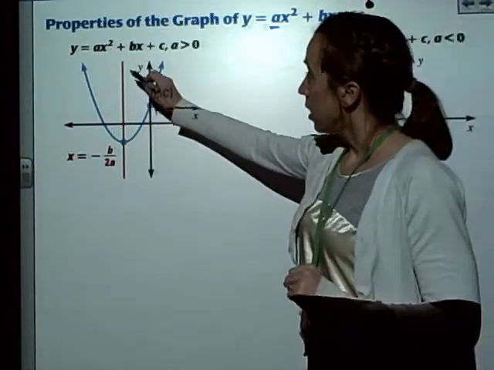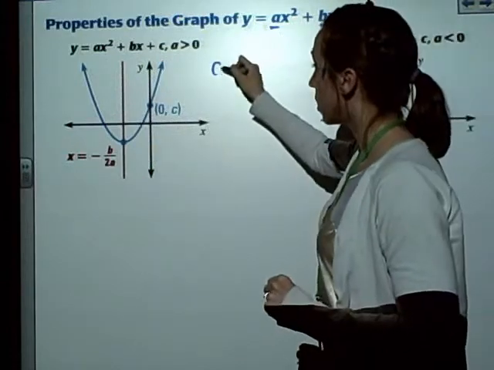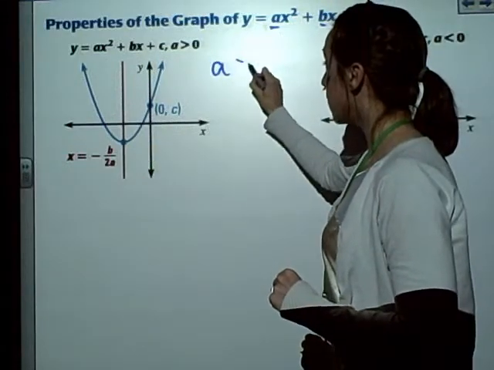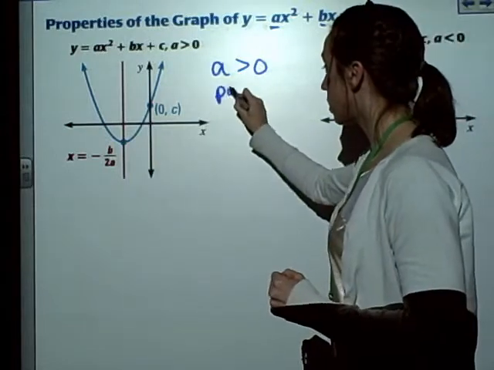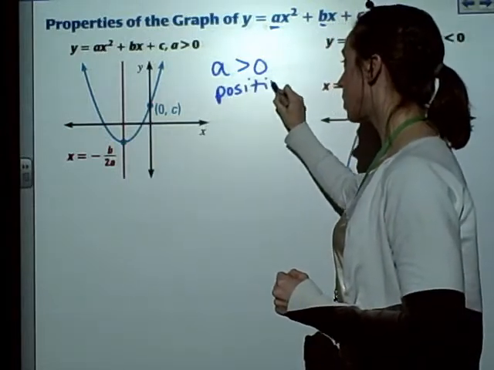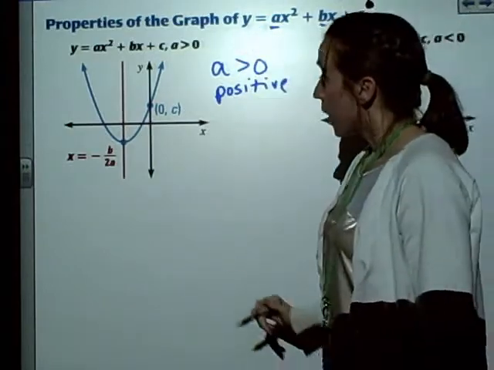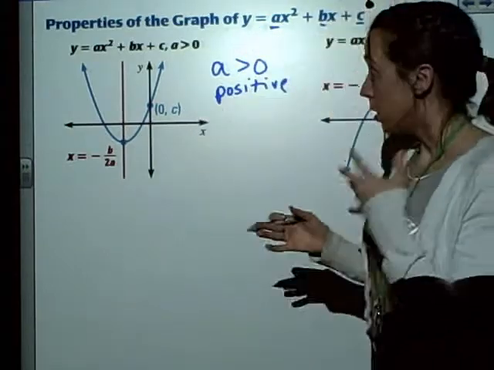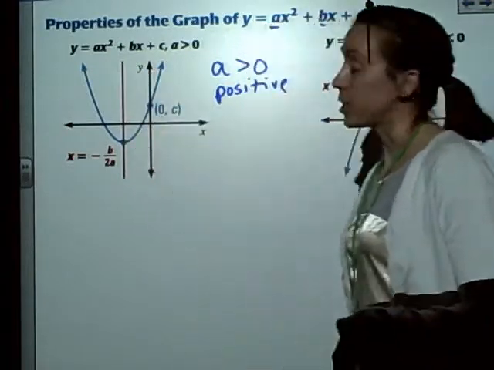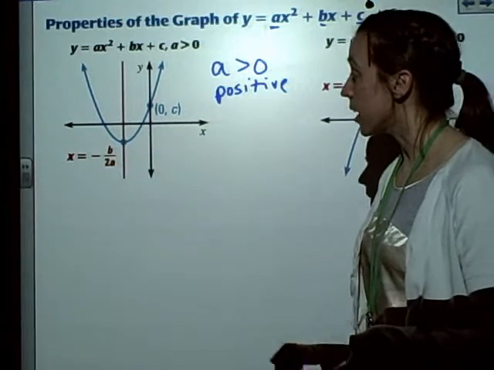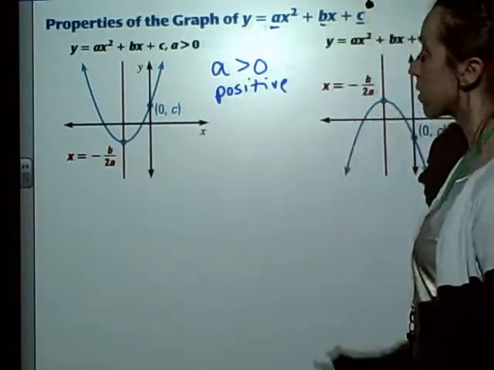So when you have a positive a value, when a is bigger than 0, your parabola is going to face up. Then, once you figure that out, that means that you're going to have a low vertex. Okay, remember the vertex is that point in the middle of your parabola where it can almost like fold over.